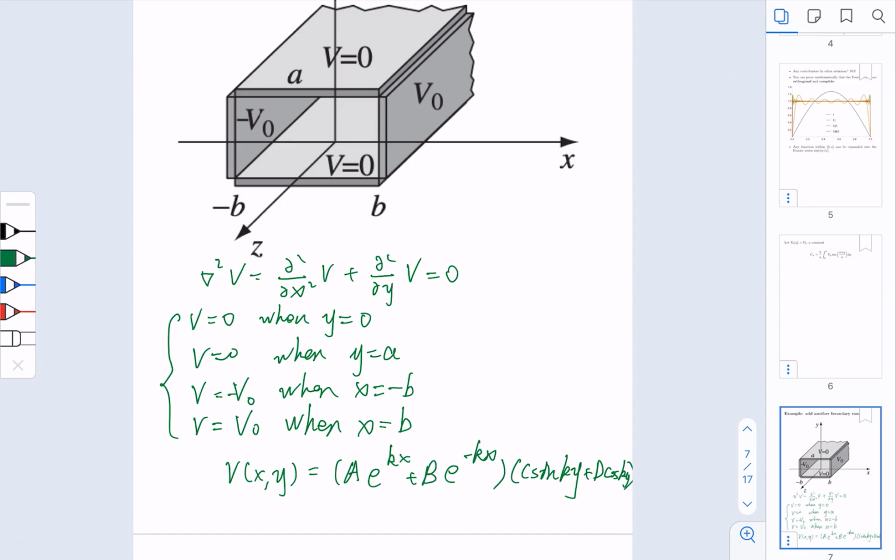That's what I just copied from the first example. Now let's check the boundary conditions.